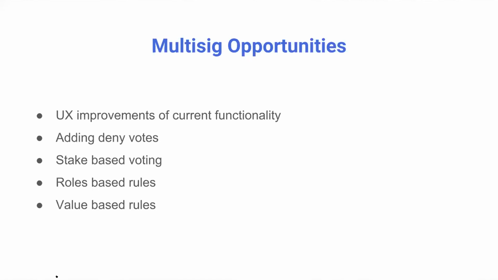Stake-based voting is something to consider, right? In our case, it might be how much SNT does each key holder have in their wallet, and you may say need to get a certain percentage of the total SNT allocated to a transaction. For example, if one person holds 30%, you need to have, let's say, more than 50% of the SNT that all the key holders hold allocated to a transaction.